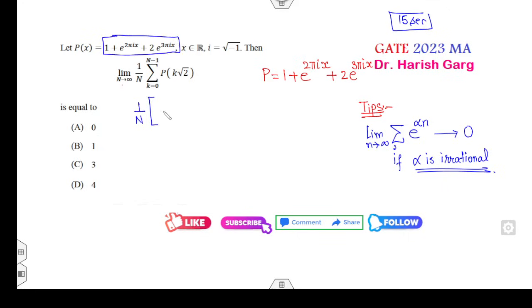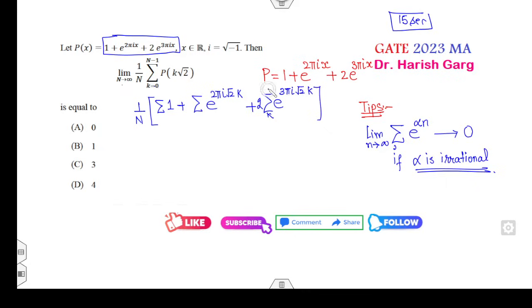of the p, fine, it is the summation of 1 plus summation of e raised to power 2 pi iota root 2 into k plus summation 2 is my outside, e raised to power 3 pi iota root 2 into k, and the limit starts from k.